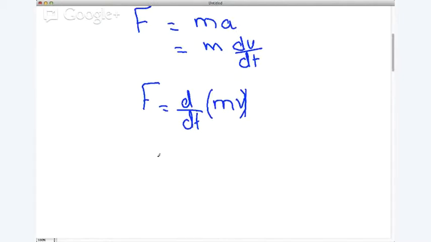If I multiply both sides by dt, I would get F dt equals d(mv).